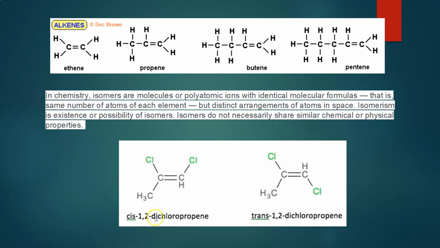You have here the example of the cis 1,2-dichloropropene. And we say cis because the 2 atoms of chlorine are at the same side of the chain. In this case, they are in opposite positions, so this is a trans isomer.